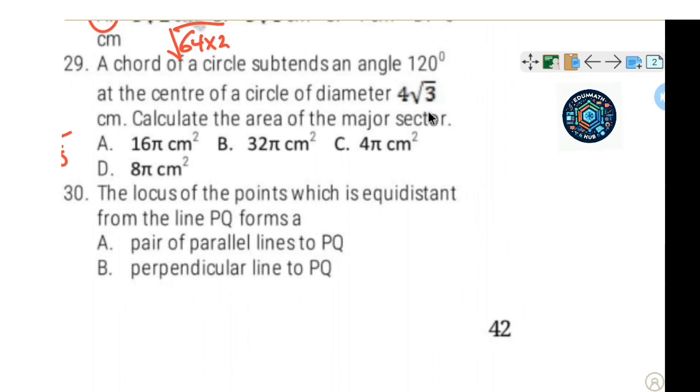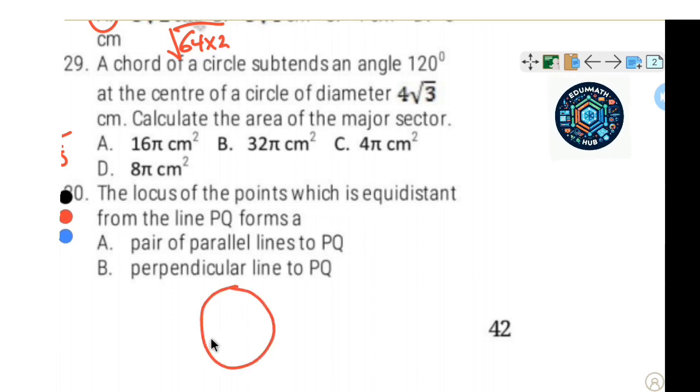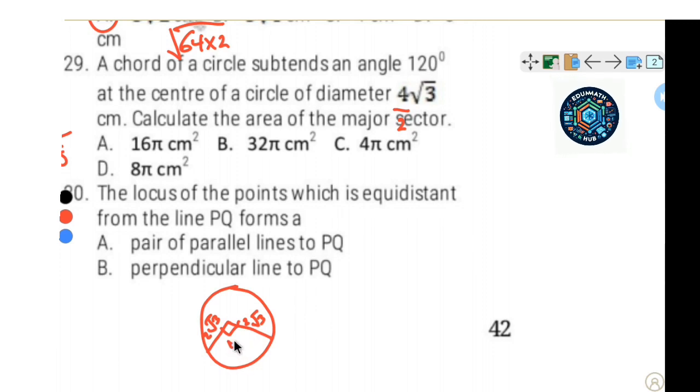The diameter is 4 root 3. So if the diameter is 4 root 3, you divide it by 2 to get the radius. So the radius will be 2 root 3, 2 root 3, the same thing. But the angle at the center, you are told that it is 120.